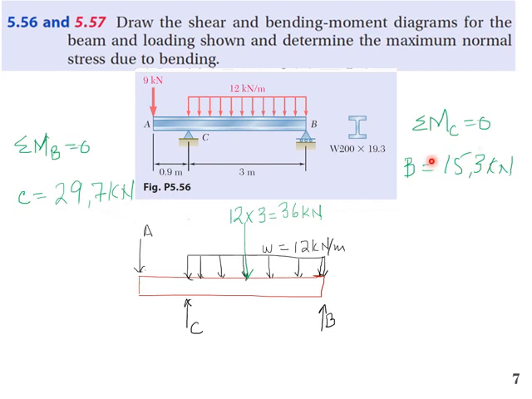And if you calculate moment about C, you will get the value of B as 15.3 kilonewton.